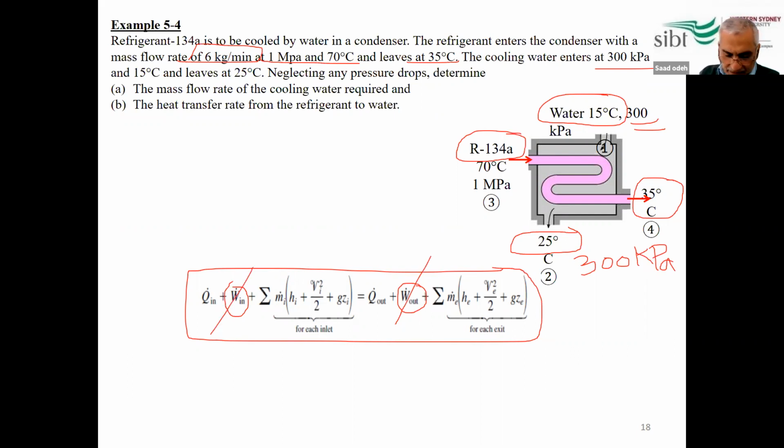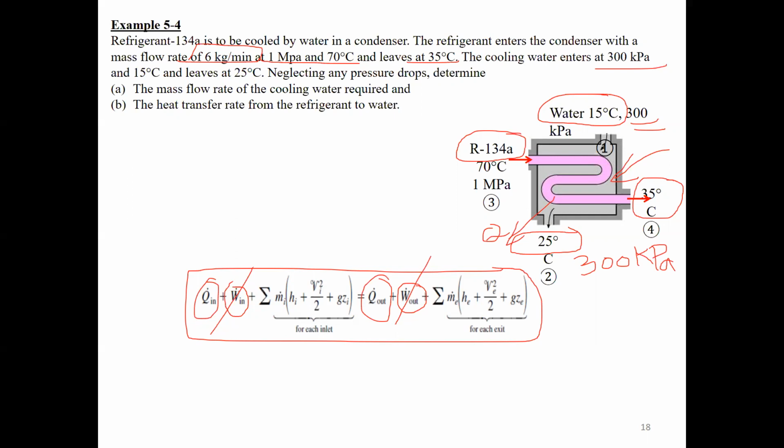Is there any Q in, let's say from outside, or Q out? Is there any Q in, Q out here? As you can see, the heat exchanger, they put some insulation around it, which means that heat cannot be transferred from or to the heat exchanger. So do we have then Q in and Q out?